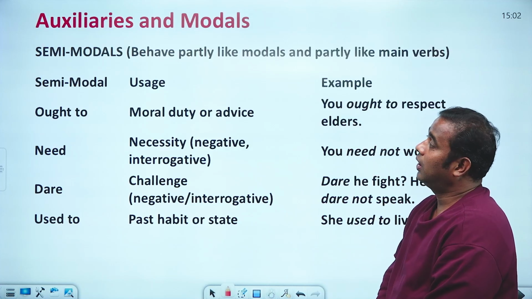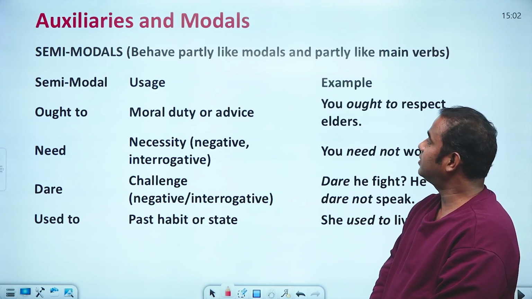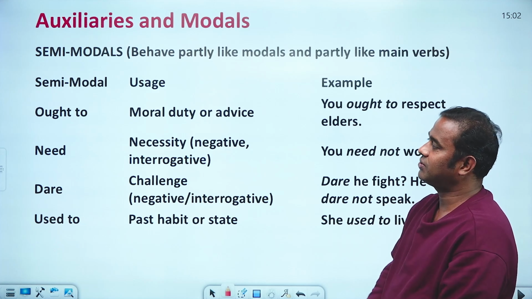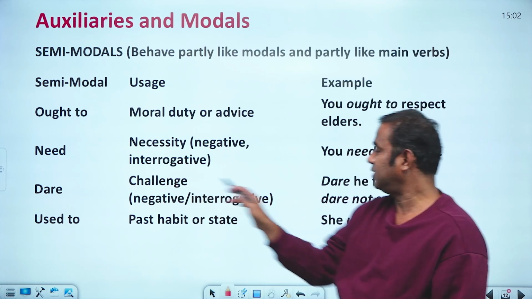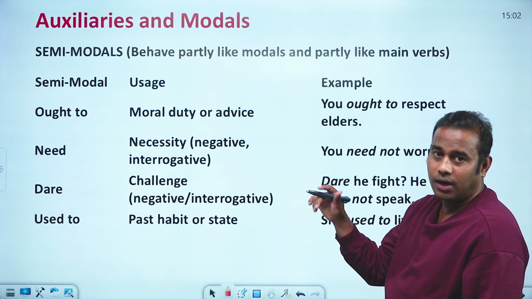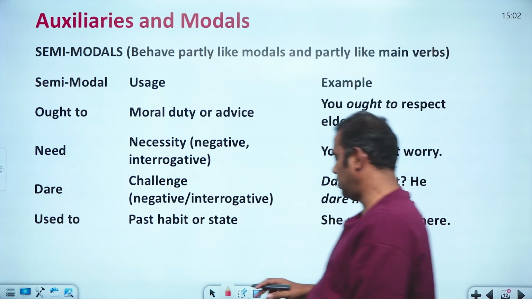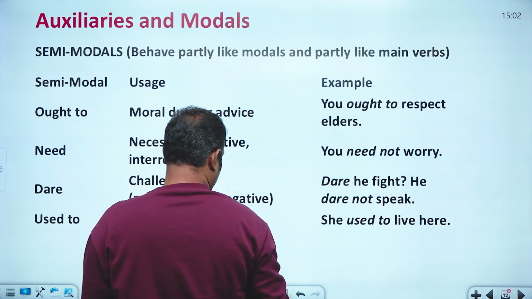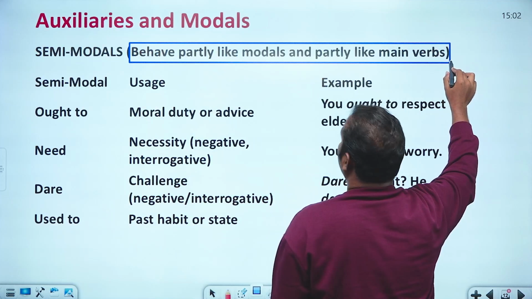Likewise, another thing we have is called semi-modals. Just as we have seen before, ought to means moral duty or advice. We have seen this slide. You have to respect the elder. This behaves like partly a modal and partly the main verb.